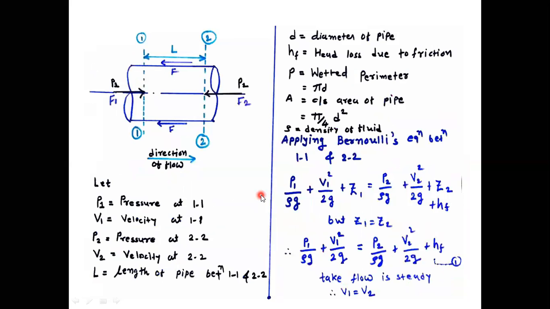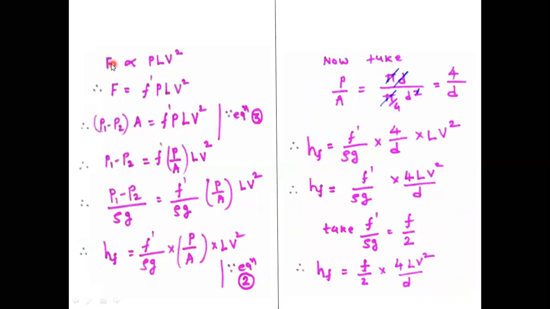In this case, the length of pipe is in between cross section 1-1 and cross section 2-2, which is capital L. So we can write frictional resistance F is directly proportional to wetted perimeter capital P, length of pipe L, and V square of this average velocity. Now to remove this proportionality sign, I have to put one constant, which is F dash. So F is equal to F dash P L V square.